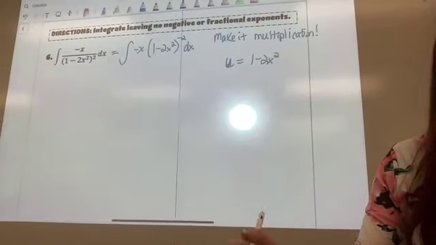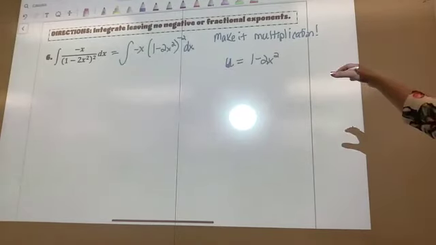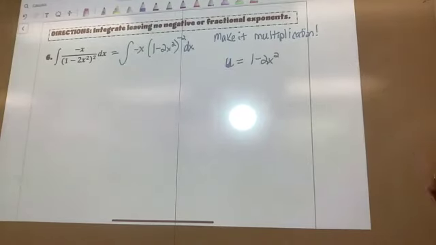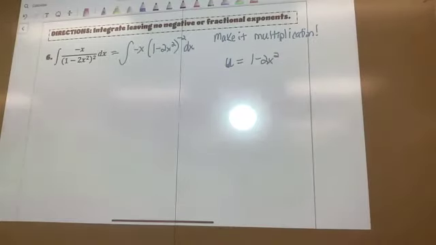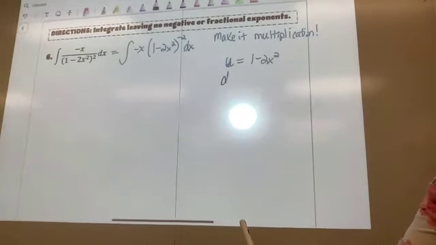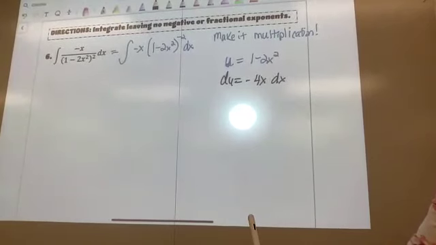Yeah. And think ahead. The more you think ahead, the better off you'll be. Is the derivative similar to what I have? It's negative 4x. Well, I have an x. I don't have a constant, but I know how to deal with constants, right? So that looks pretty good to me. So du is going to be negative 4x dx. The more you think ahead, the better.